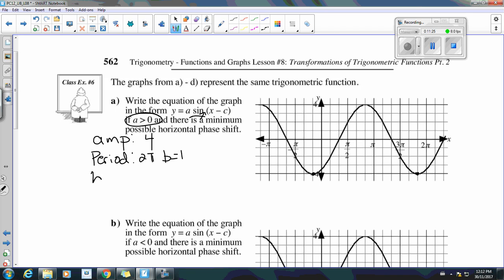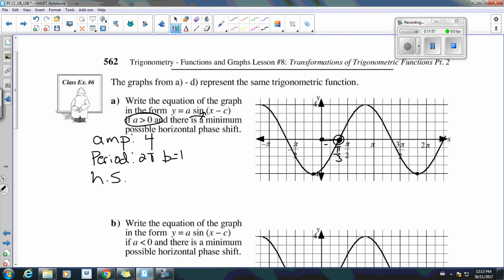Our horizontal phase shift. Well, sine originally started here, at y equals 0. We want the smallest possible shift. Well, the smallest possible shift would be here. So we need to find out what this value is, and that is going to be our phase shift. And this is pi over 3 in this case.